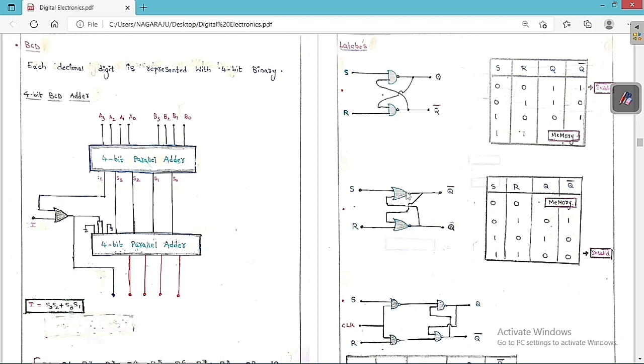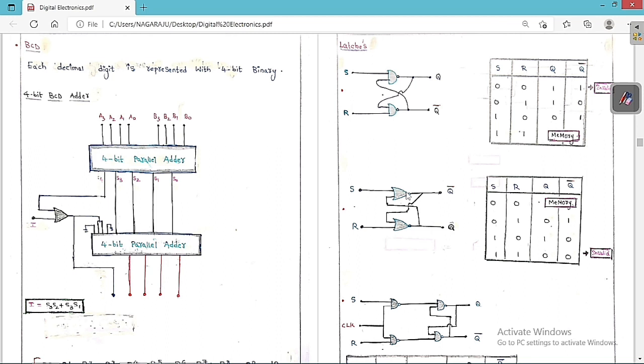Otherwise, whenever the present output depends on the present input as well as the past output, we call that system a sequential circuit. Before learning about sequential circuits, first we have to understand the basics of the latches.